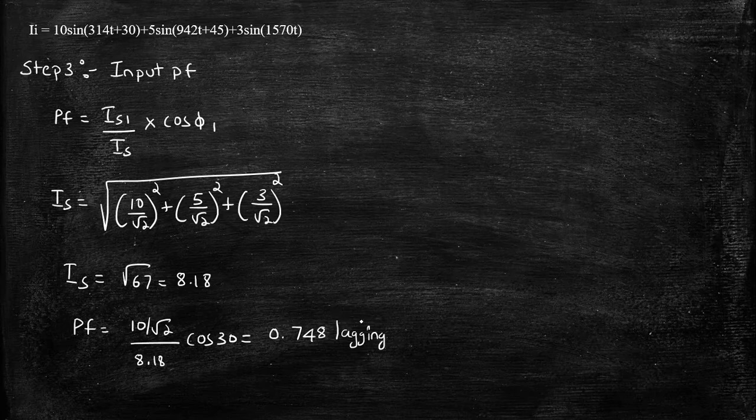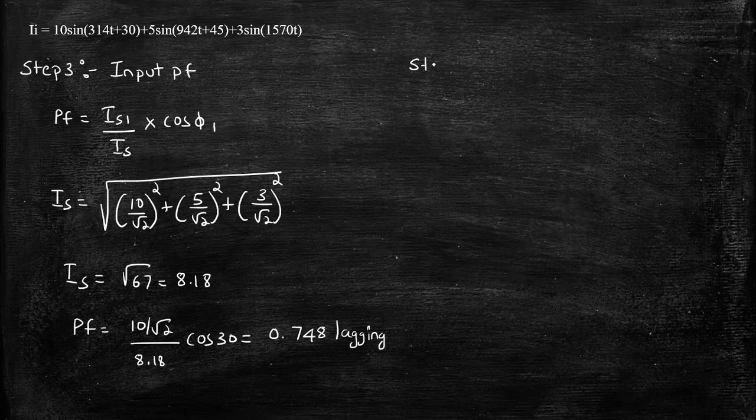Why is it lagging? While deriving input performance parameters, we saw the transformer used, and we have inductance in the transformer. Because of the windings there, we consider it an inductive load, and that is why it is a lagging power factor in nature.